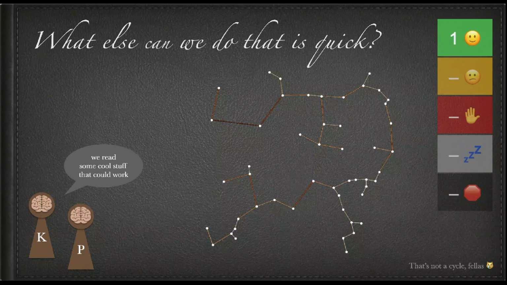What we could do is calculate what's called a minimum spanning tree, meaning that we connect all of the vertices to all of the other vertices by a path using only the cheapest, shortest edges we can find. The problem is that when we do this, we don't actually create a cycle.